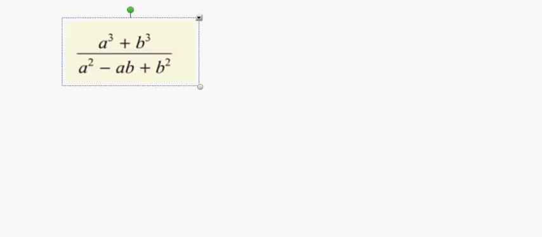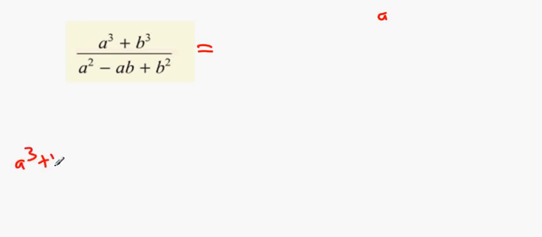Okay, so the next one is factorize. Factorize a cubed plus b cubed. There's a formula for that. So a cubed plus b cubed is going to be (a plus b) brackets (a squared minus ab plus b squared).